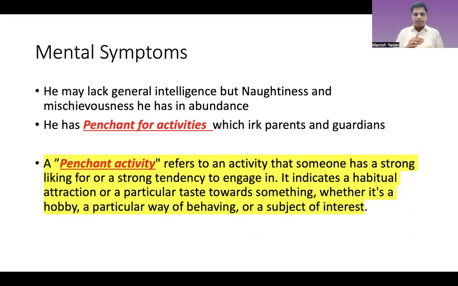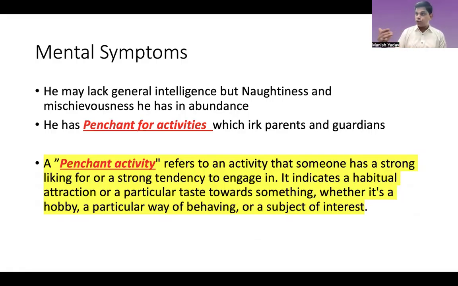Now, we are talking about children, but take it to an adult, the symptom will remain the same. You'll find the same thing in teenagers also, even adults also. That penchant of activity, once they develop a kind of addiction, not addiction is the right word, but strong liking towards it, it becomes a habitual thing.